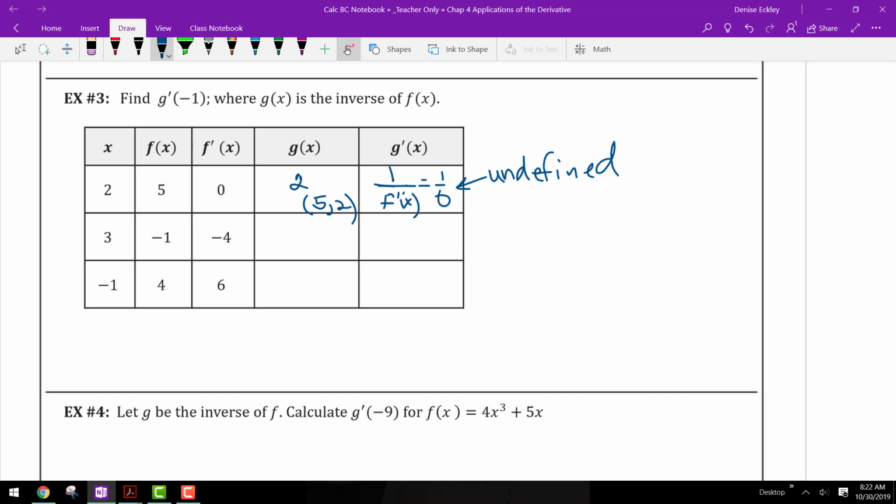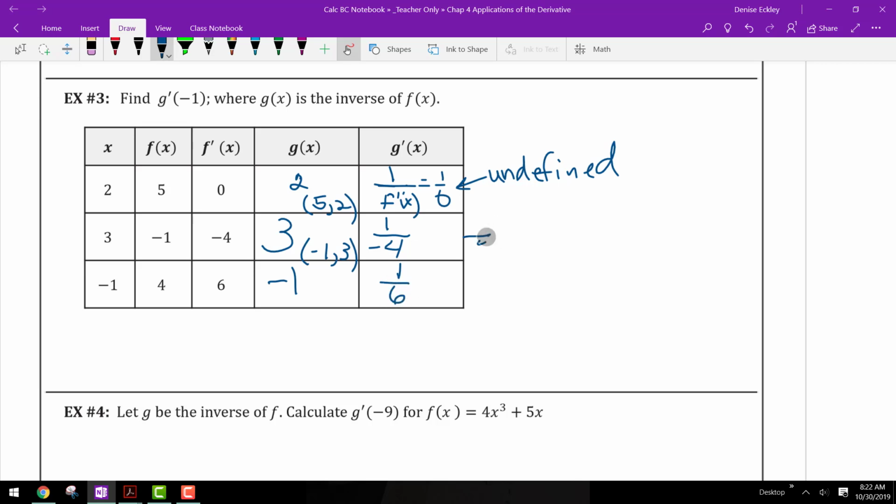So g of x for the next point is going to be 3, because we're dealing with the point (-1, 3). And then we're going to find the derivative, which will be 1 over f prime of x, which would be -4. And then for the last point, the value is going to be -1, and our derivative will be 1/6.